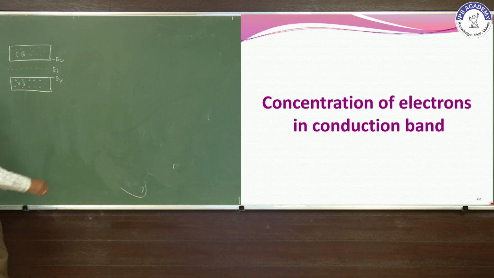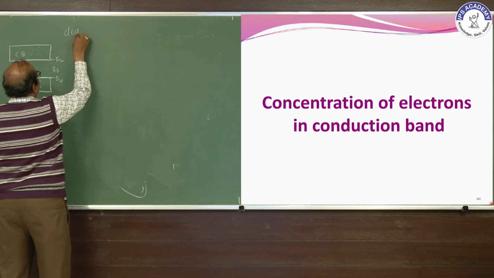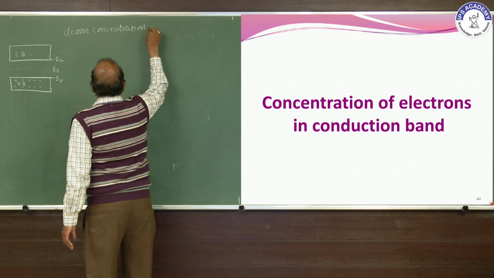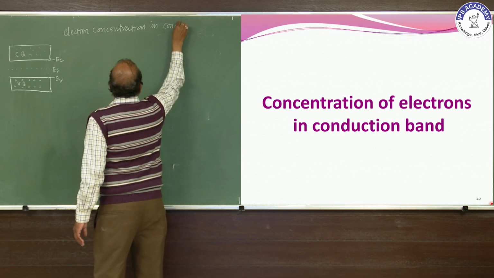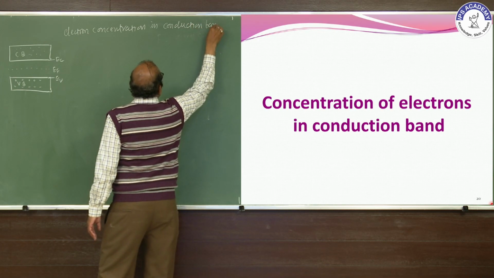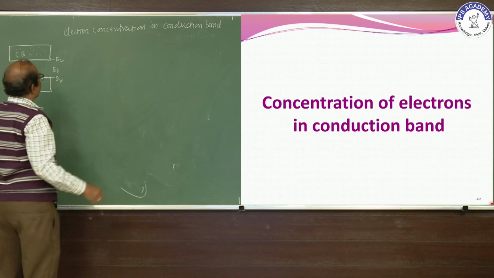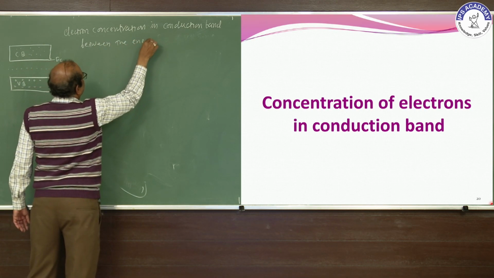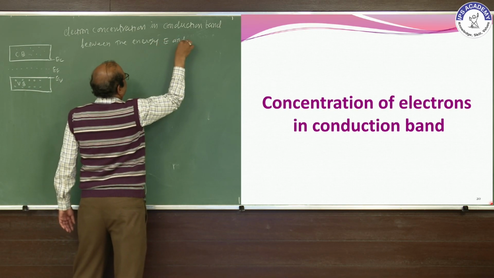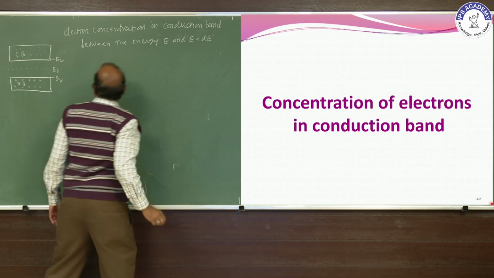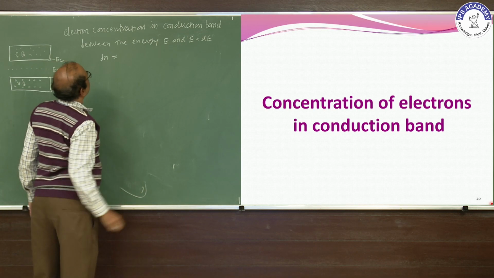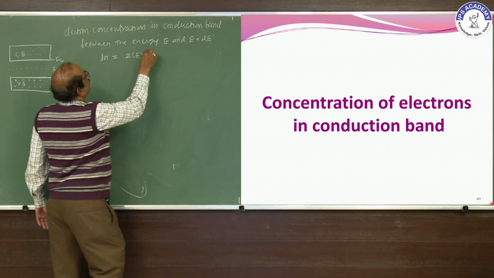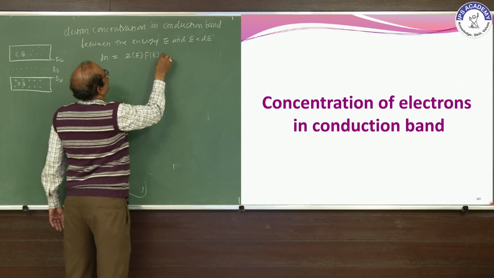So the electron concentration in the conduction band between the energies E and E plus dE can be written as dN equal to Z(E) F(E) dE.